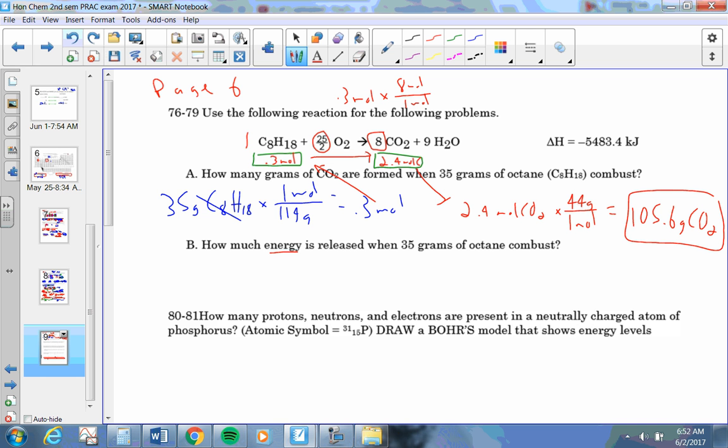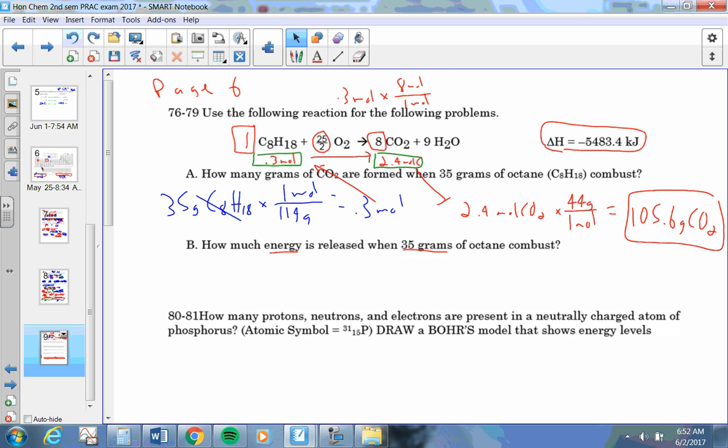How much energy would be released? We're burning something. Lots of energy is given off. For every 1 mole we burn, we're going to get 5,483.4. I wouldn't really call it negative. They put that so that we know that it's being released. The way the question is worded is how much energy is released. So I don't really have to go back to this 35 grams.